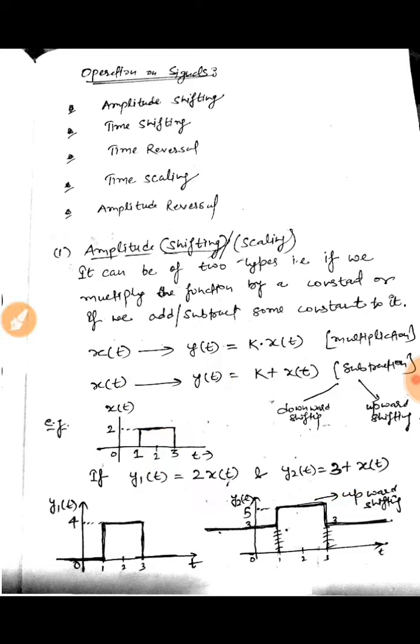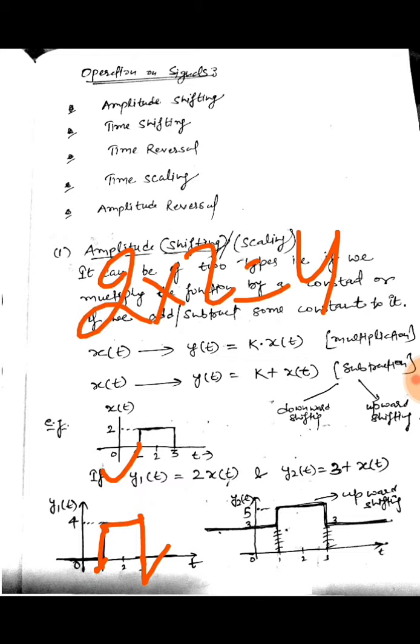So this first case is an amplitude scaling example, that is 2 of xt. So the range will remain the same, that is from 1 to 3, but the amplitude of the signal has now been increased from 2 to 4. So it has become 2 into 2, that is 4. We have multiplied the amplitude by 2. So the amplitude of y1t would be 2 times xt.